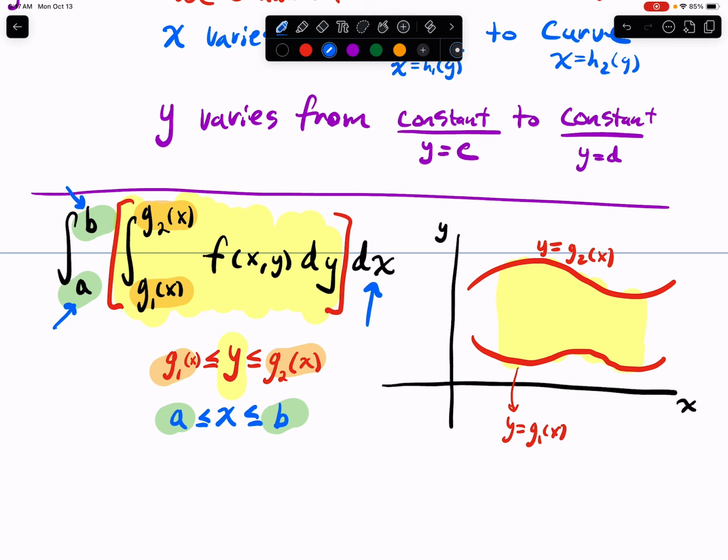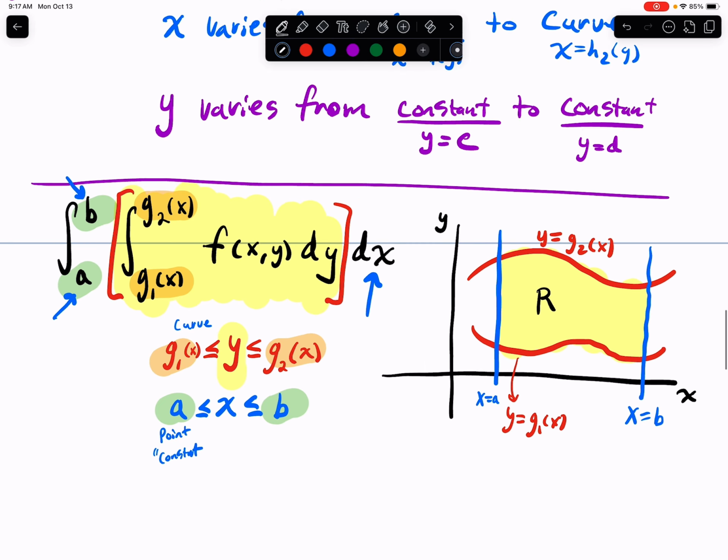So curve to curve, and then point to point. And point is a constant. Okay, so if this represents x equal a, and that represents x equal b, then you look up here, this is actually the region R, the area between those two curves, g1 and g2, and restricted from x equal a to x equal b.